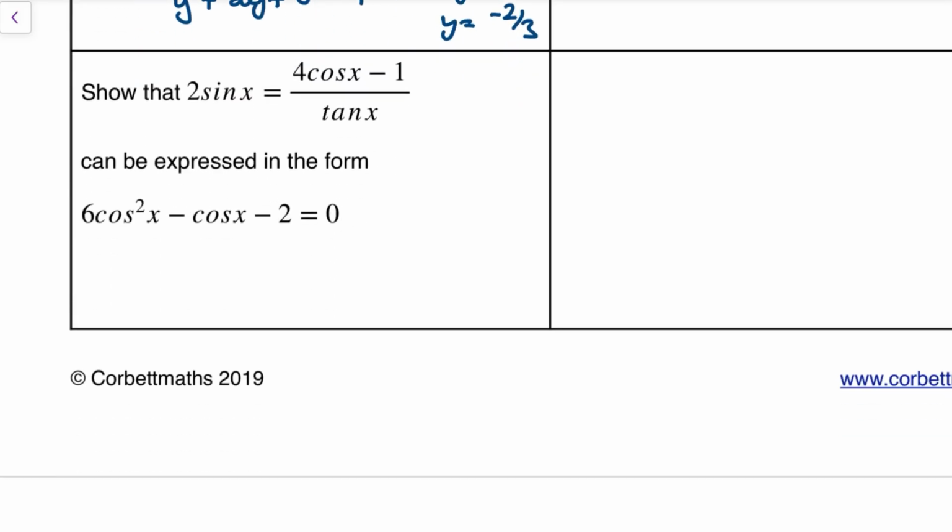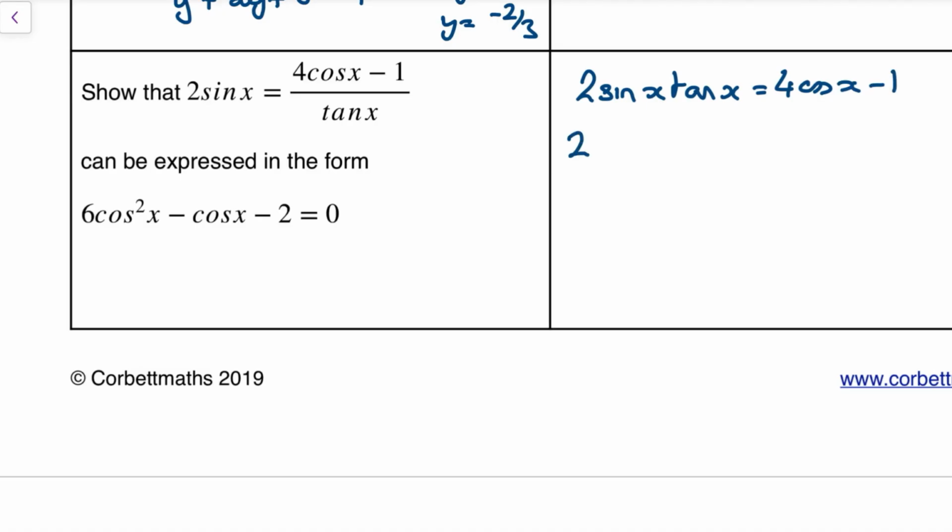Next and final question. Show that. Right, so these questions, sometimes you can go completely the wrong way and sometimes they fall out quite nicely. Sometimes it's really obvious what you're supposed to do and sometimes it's just not. I'm just going to guess a little bit here. Let's do the step in between because I'm showing that. So 2 sin x tan x is equal to 4 cos x minus 1.